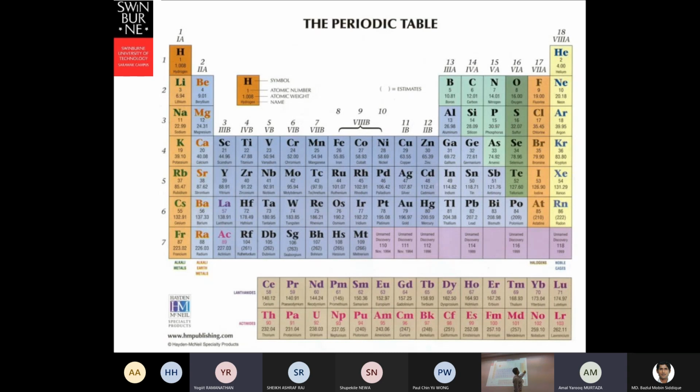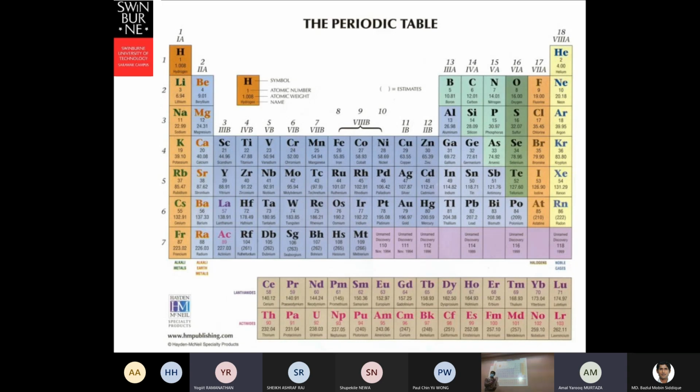Here at group 18, do you know what the elements here are? What do you call them? Noble gases, exactly, right? So why do you call it noble gas? They don't want to react.